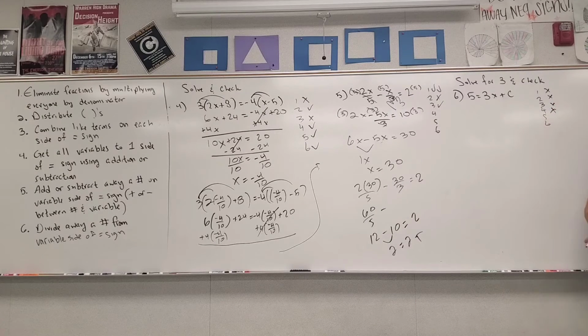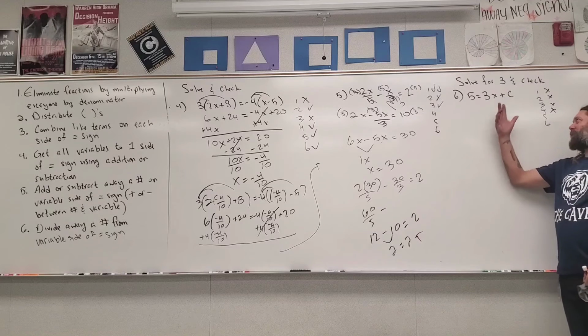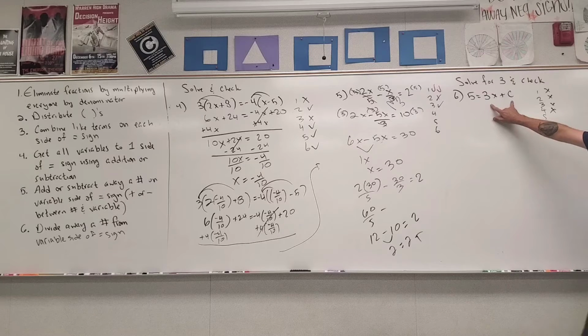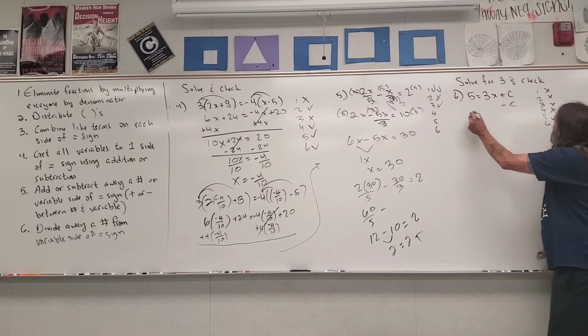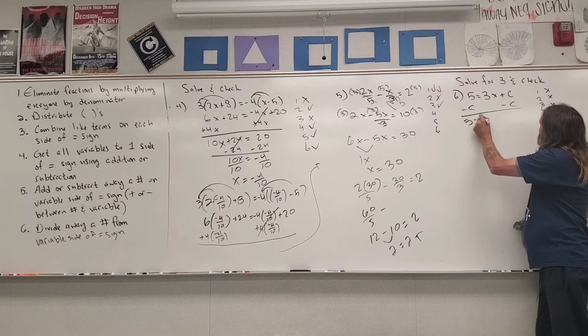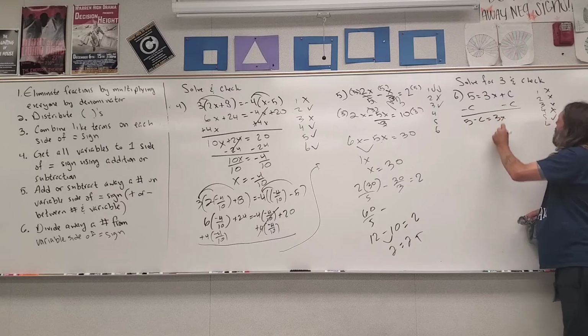Can I add or subtract away a number from the variable side? This is a little tricky. We're not solving for a variable, we're solving for x. So basically, is there something with a plus or minus between the x and that thing, and it's the c. So what I can do is subtract the c from both sides. Now I have 5 minus c is equal to 3x.